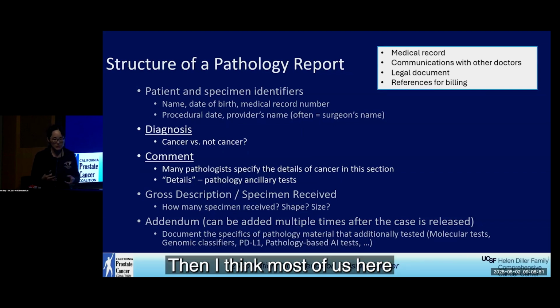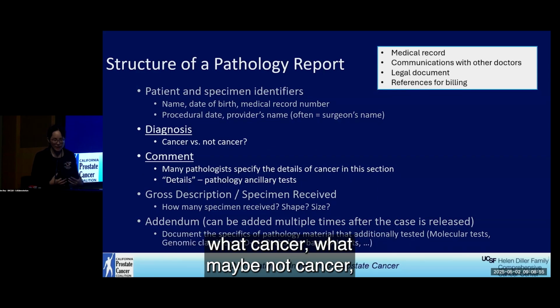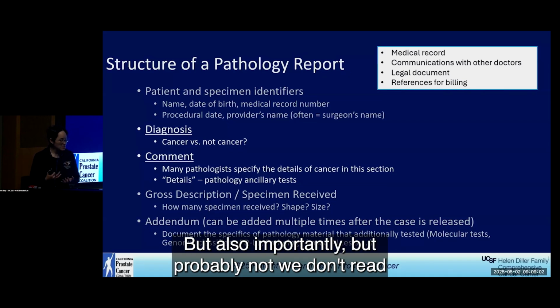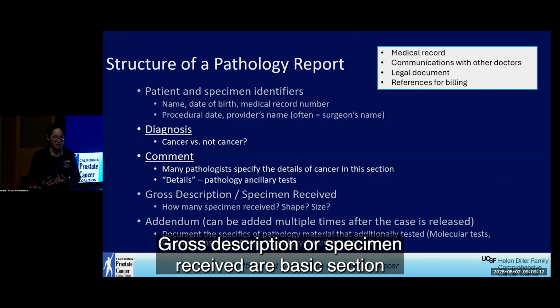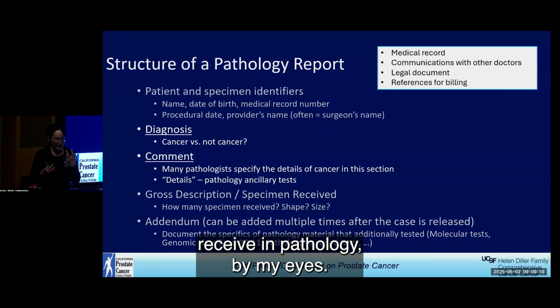And then I think what most of us care about today is the diagnosis and the comment. What kind of cancer, or maybe not cancer, and what features in this cancer we are looking at. But also importantly, though we don't read it that often as a patient, is the gross description. The gross description or specimen received is a section describing what tissue we received in pathology by my eyes.